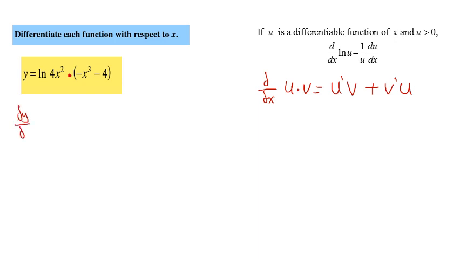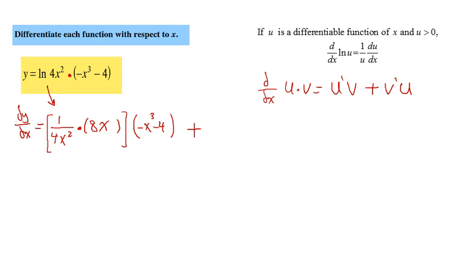So dy by dx for the given question: the derivative of the first is going to be 1 over the function multiplied by the derivative of the function, 8x, and this is the derivative of the first multiplied by the second, negative x to the power of 3 minus 4, plus the derivative of the second, negative 3x squared, since the derivative of negative x to the power 3 is negative 3x squared, multiplied by the first, ln 4x squared.